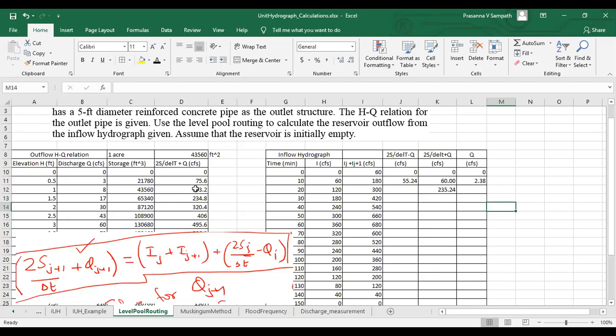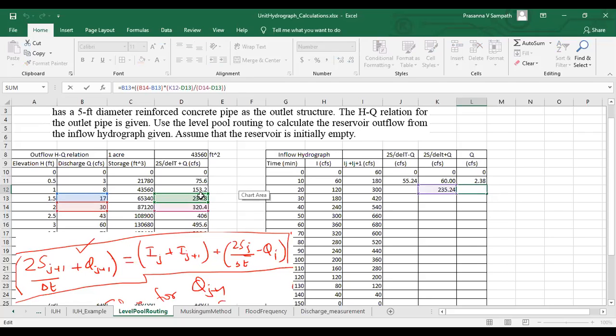When q is 200, when this 2s by delta t plus q is 234.8, my discharge is 17 CFS, 17 cubic feet per second. Here I have 235.24, which is just a little bit greater than 234.8. So my Q should be just a little bit greater than 17 and less than 30 CFS, right? So then again, I come back here and do the linear interpolation between 17 and 30 and 234.8 and 320.4, right? I implement that and I get the answer. So the answer over here will be 17.07.